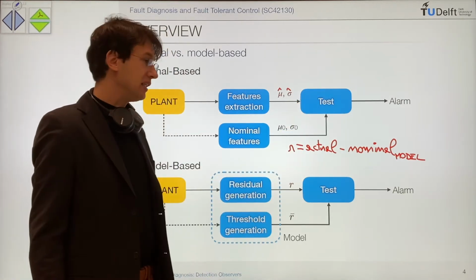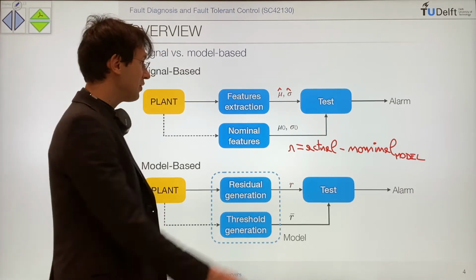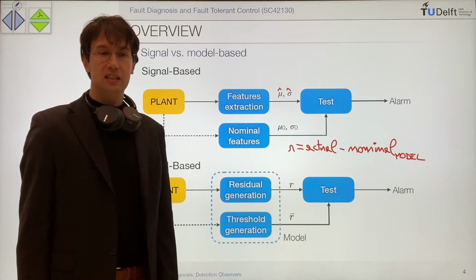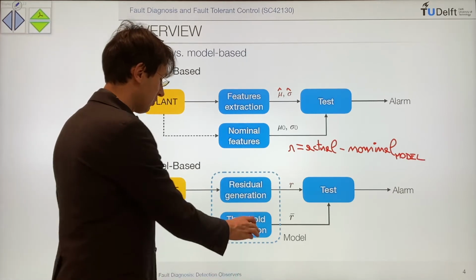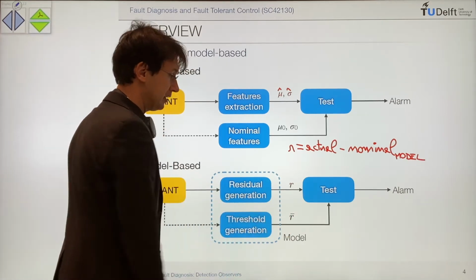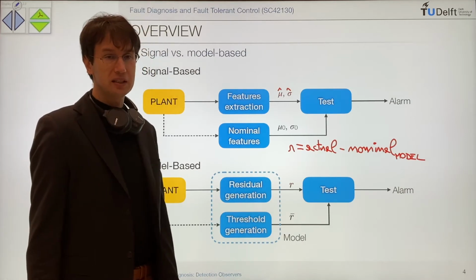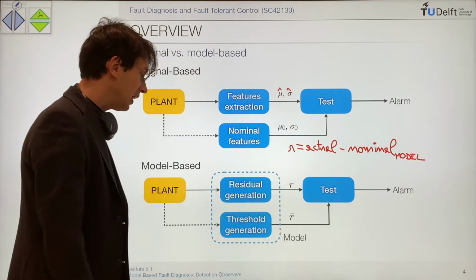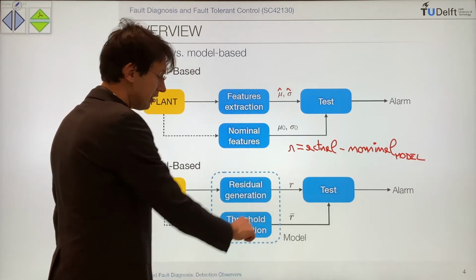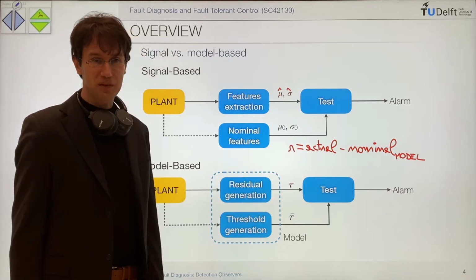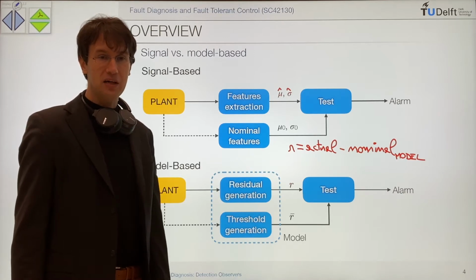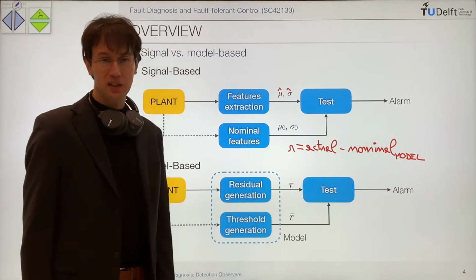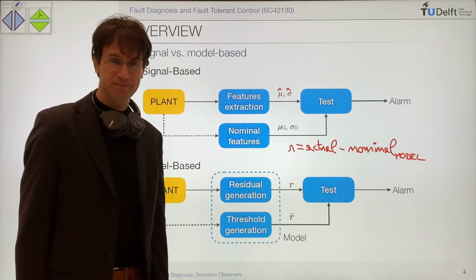So what is making these smart is how we generate the symptoms and how we generate the nominal values or the upper thresholds in this case. So the logic is simple, but this step is complex. And today, this step is going to be even more complex than previously, but we are going to see how this is going to provide some good detection properties.